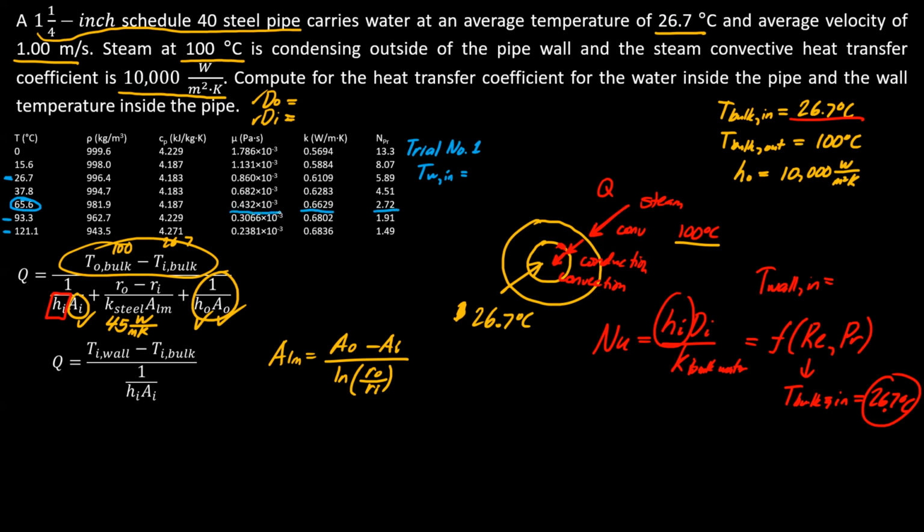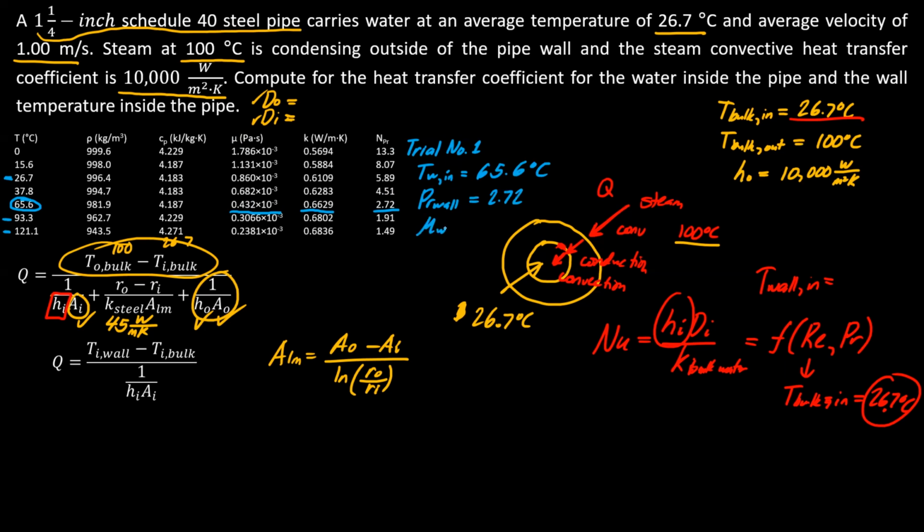So I think I need the dynamic viscosity at wall temperature and the Prandtl number at the wall. So 65.6, for the first trial, this is the temperature that I choose for the temperature of the wall inside. So immediately I can just copy what is on this table.